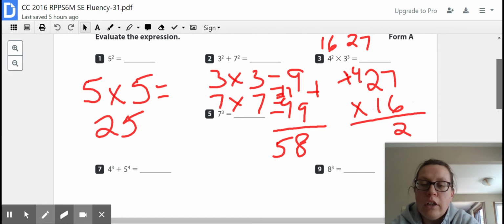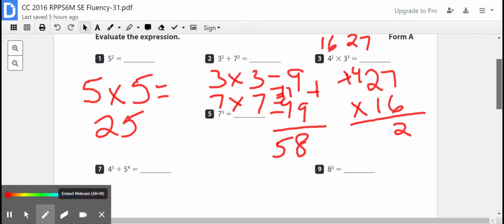And I'm going to shut off my camera, friends, for one quick second, just so that we have a little bit more space. And then we know that 6 times 2 is 12, plus 4 is going to give us 16.